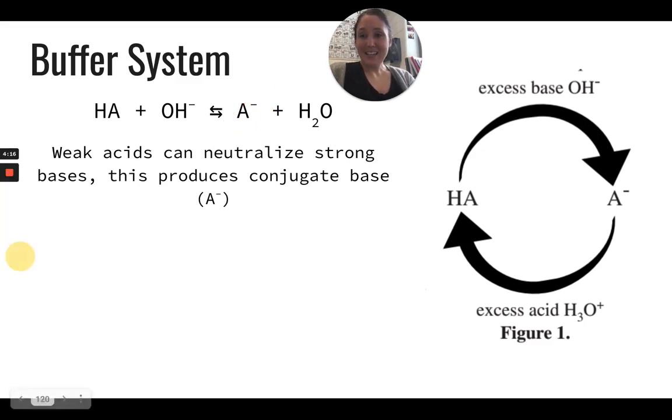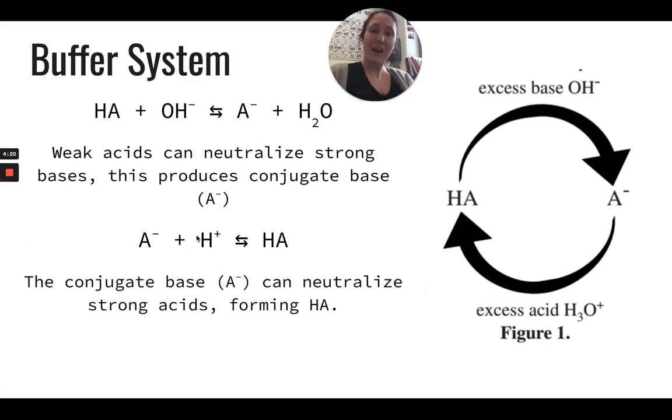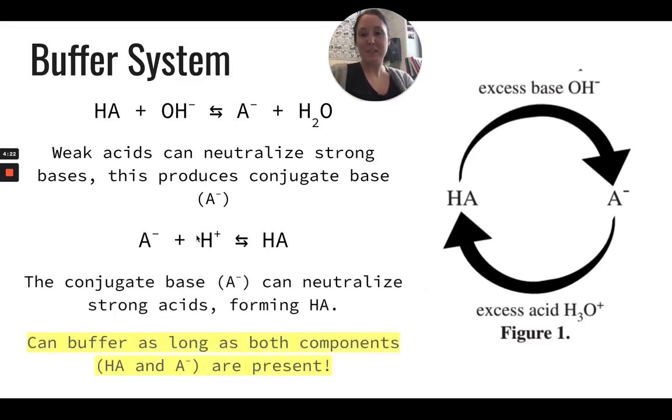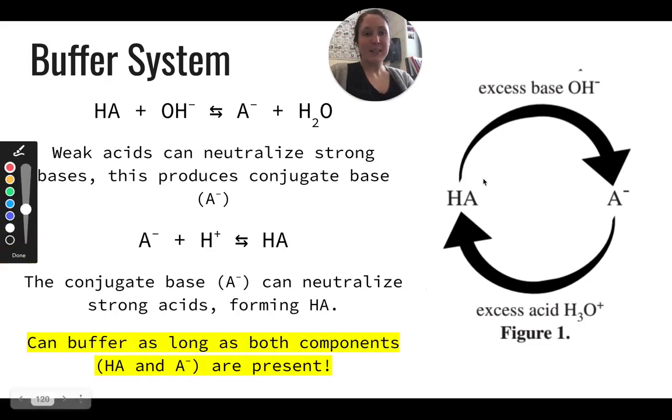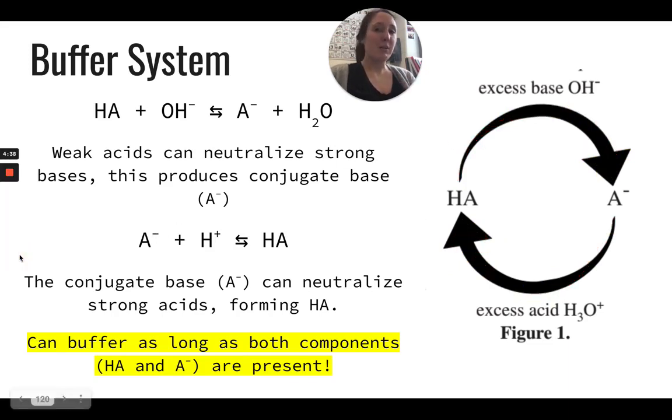And then the conjugate base is able to neutralize strong acids, forming HA. So this can buffer as long as both components are present, because it's like a cycle. My weak acid neutralizes my hydroxide, producing conjugate base. Then my conjugate base can neutralize acid, producing my weak acid. And so a buffer regenerates itself in this process.